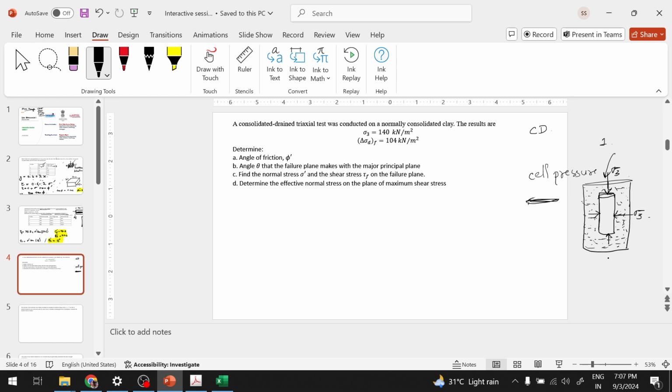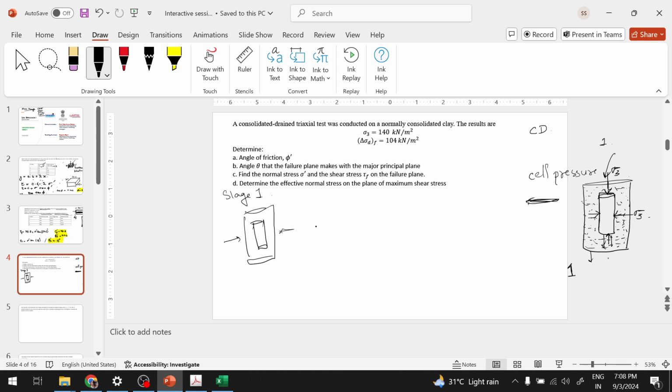So in this case, there are two scenarios. One scenario is that I will allow drainage through the sample. This is my sample, and I have pressurized it under cell pressure.